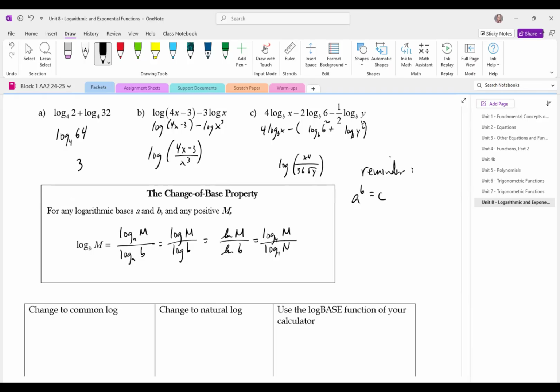It's just a rearrangement of this. So this is the same thing as saying log base A of C is equal to B. It's another way of looking at exponential expressions. That's why today when I was talking about the properties, I started with saying, remember, we know this about exponents. This is how it transfers to logarithms.